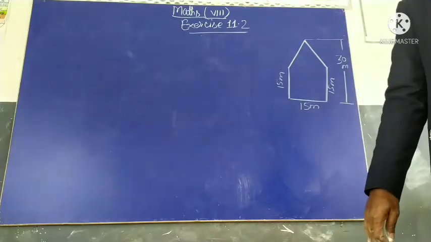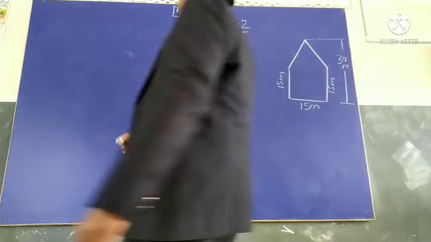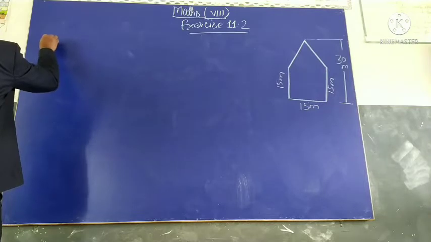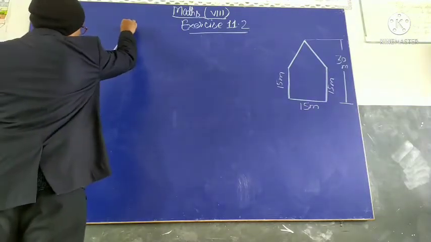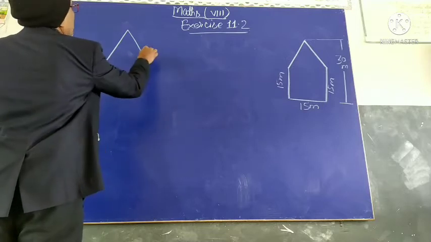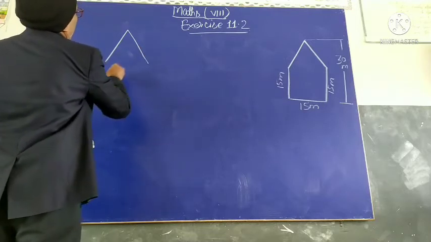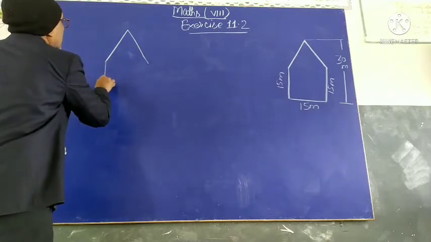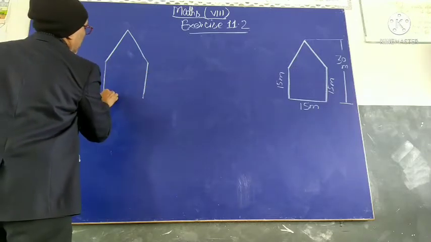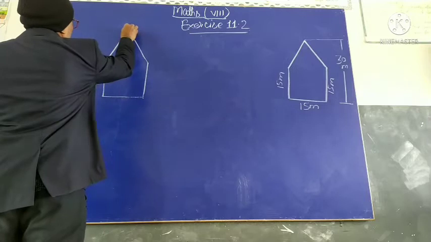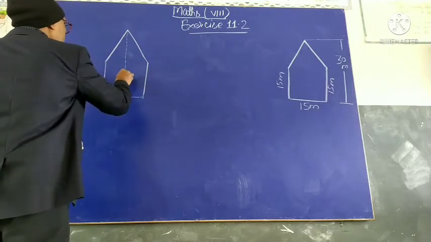Clear? Jyoti's diagram is this. According to Jyoti, she divided this figure into two equal trapezium shaped fields.